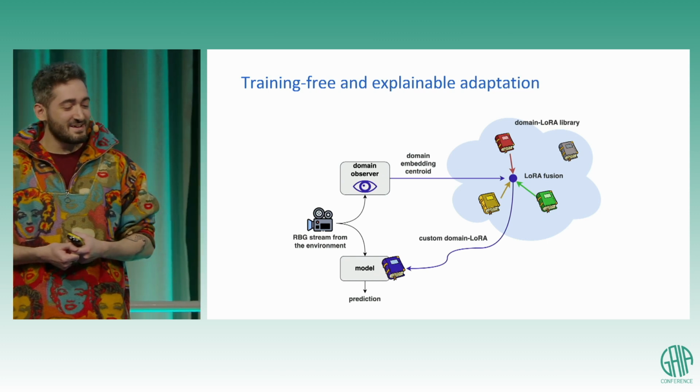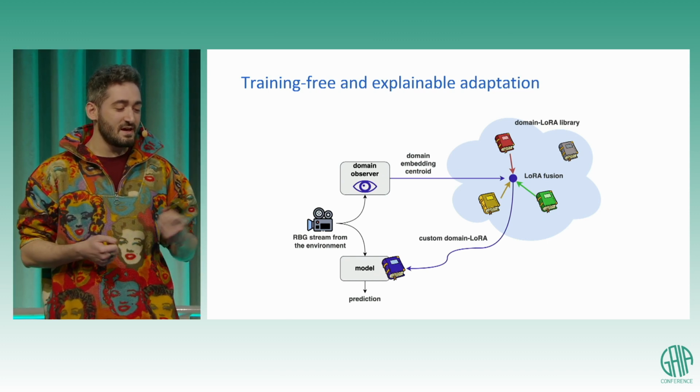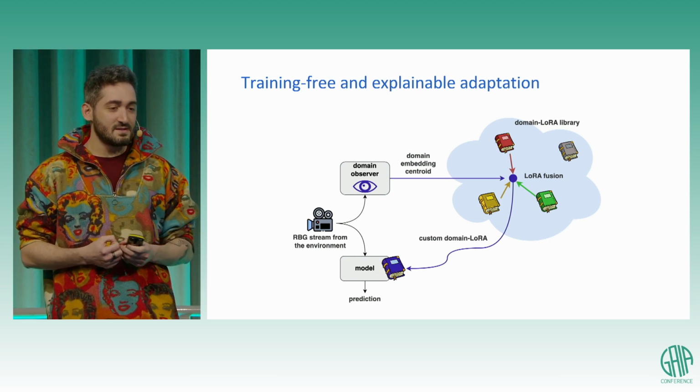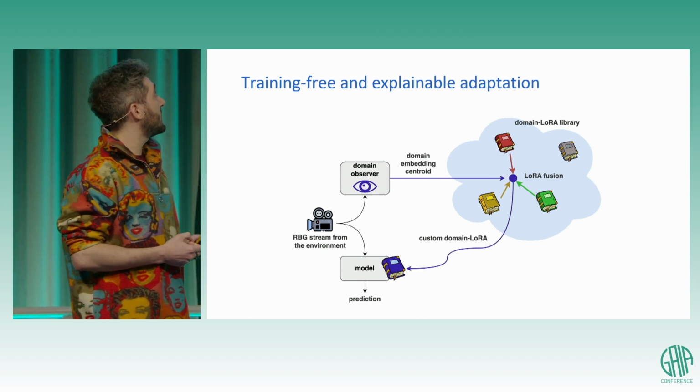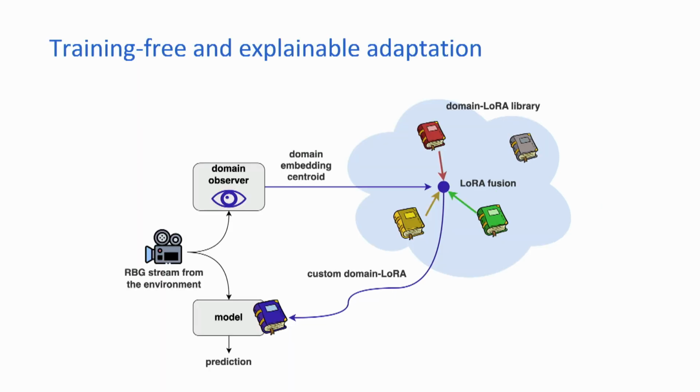Anyway, so training-free and explainable adaptation. This is the first one. Here we got inspired a bit by these mixture of expert models that are so trendy in the language area. Can we do something similar in the vision area? The idea is that we're going to rely on a library of LoRAs.